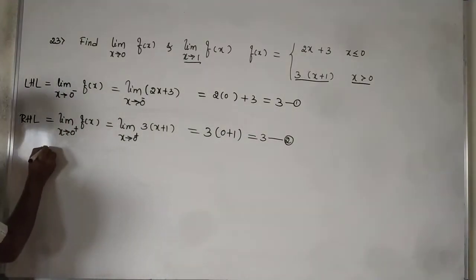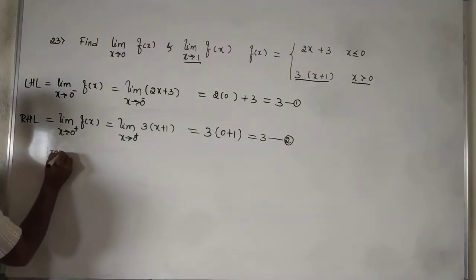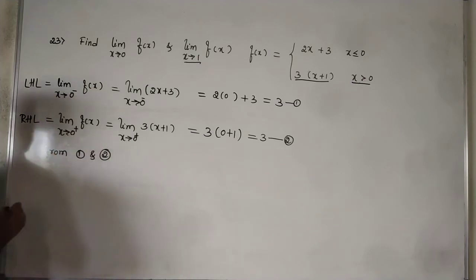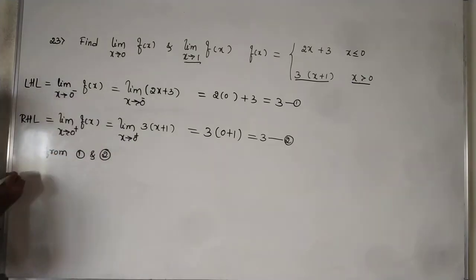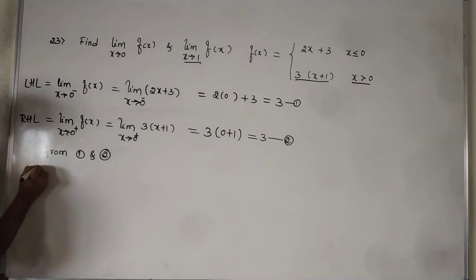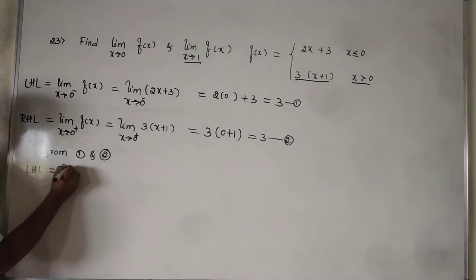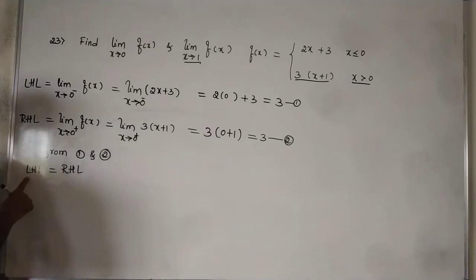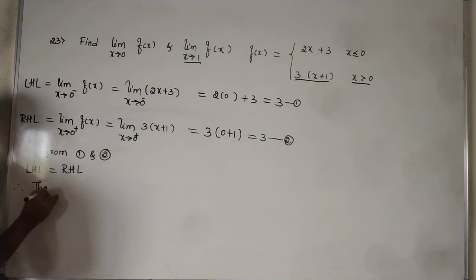So from 1 and 2, LHL is equal to RHL. Therefore the limit exists.